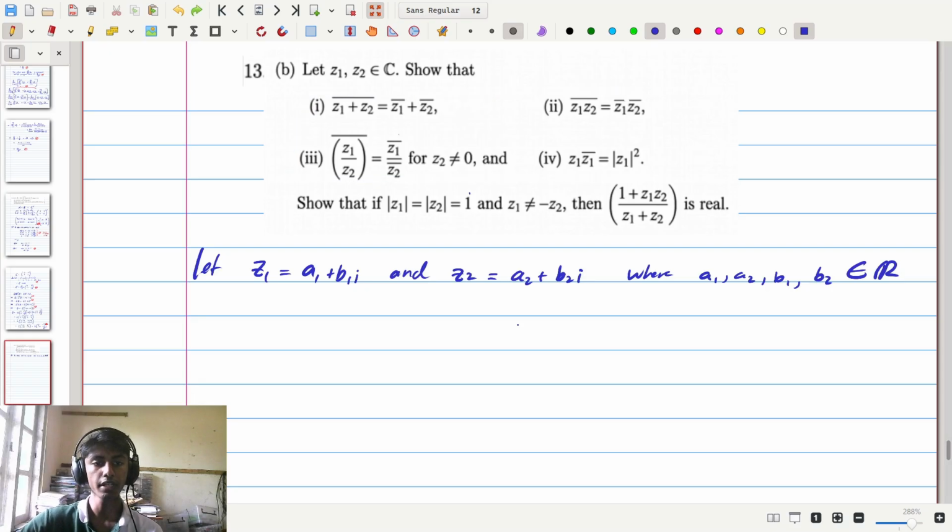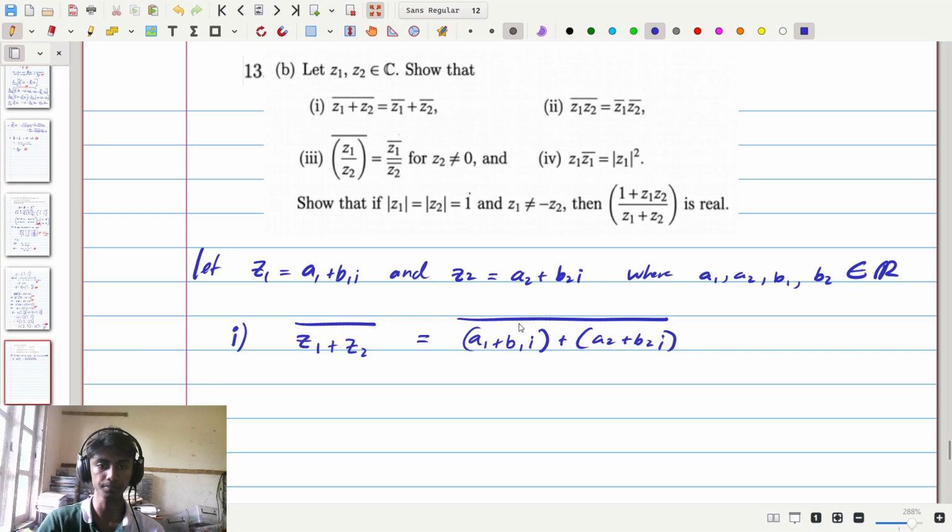For example, for the first one, what we can do is substitute in Z1 and Z2's values in terms of A1, B1, A2 and B2 and slowly simplify algebraically. So we can start with the conjugate of Z1 plus Z2, and if we substitute in Z1 and Z2, we get A1 plus B1i instead of Z1 plus A2 plus B2i instead of Z2, all conjugated.